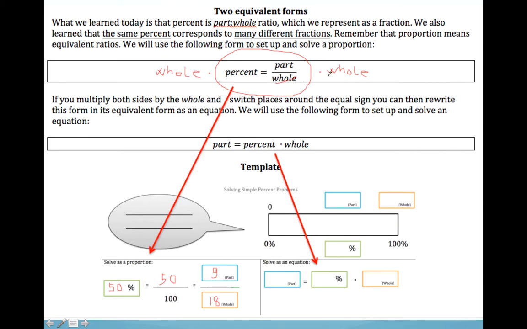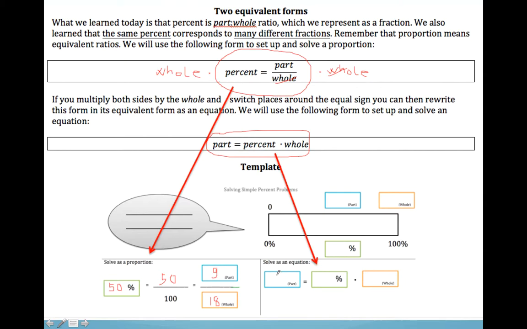Whole and whole cancel, and we are left with whole times percent equals part. Switch sides left and right, and you have part equals percent times whole. This form we use to solve percent problems as an equation.